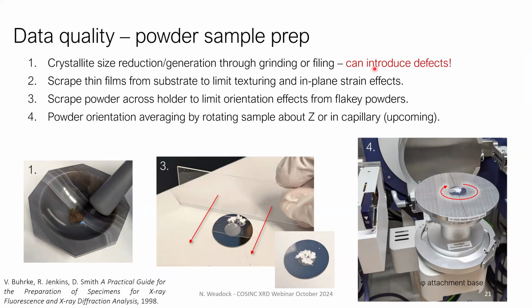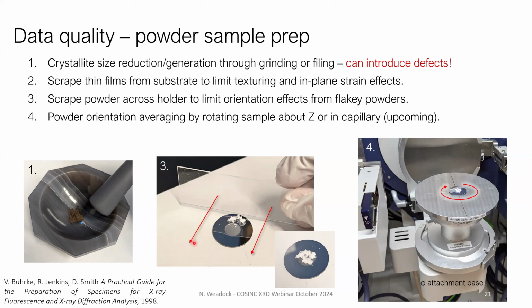So if you have a powder sample or a sample that you can pulverize, in order to enhance and improve your data quality, as I mentioned, grind it to a small size. We have a mortar and pestle that you can use. Just, if you're really grinding on it, you can introduce defects.